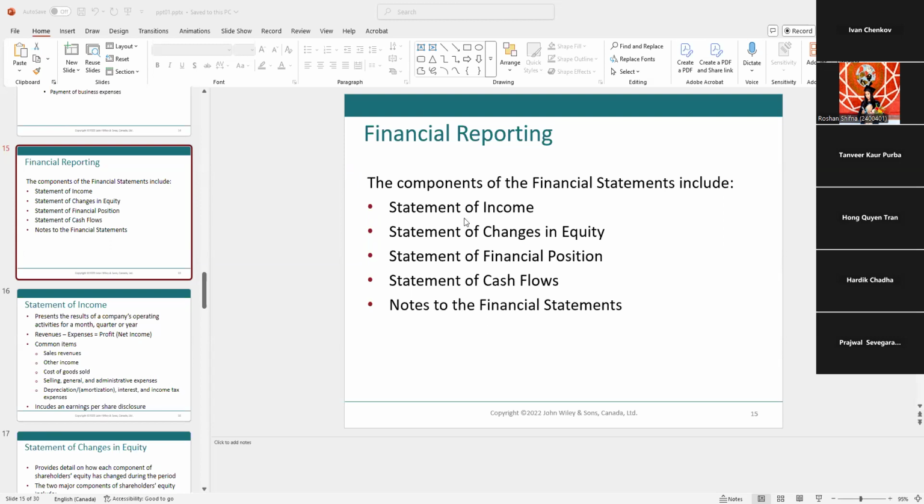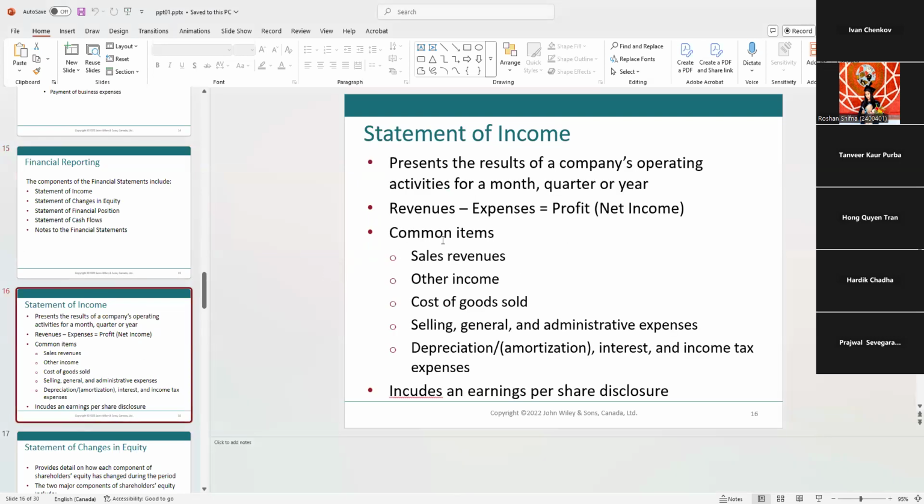On the statement of income, we're gonna see when the revenue comes, where the expense is going, does the company have profit or net income? And if there's income, how much is the income?